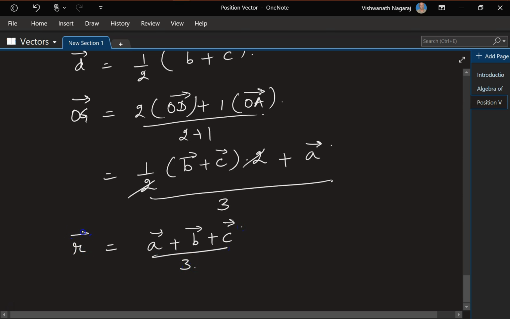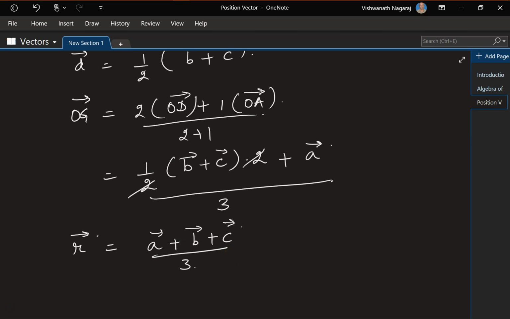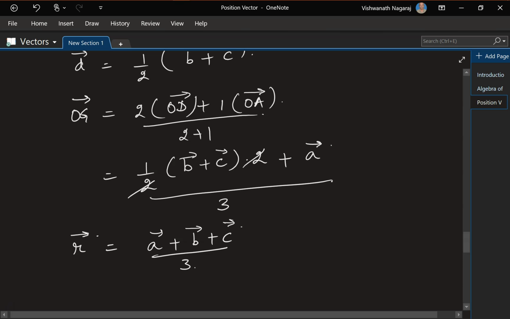OG is R. So this is the vector R, or this is how you can arrive at the position vector of the centroid. Again, because of vectors, it becomes very easy.